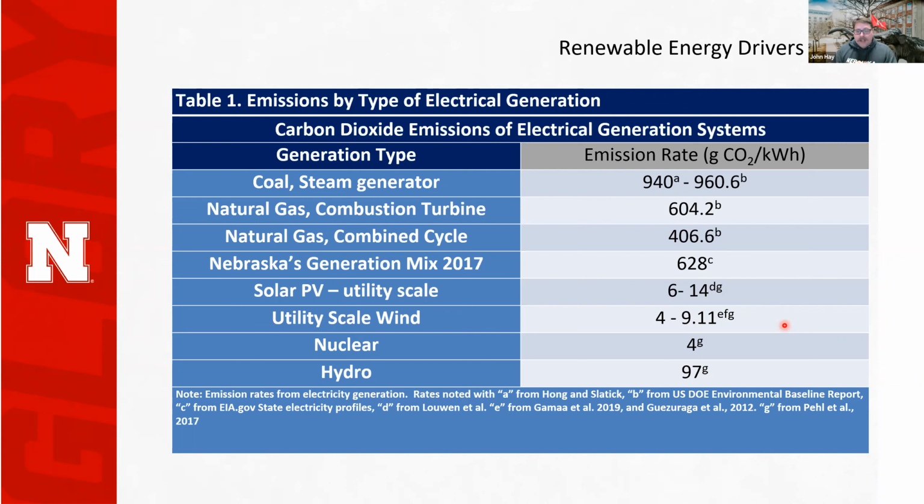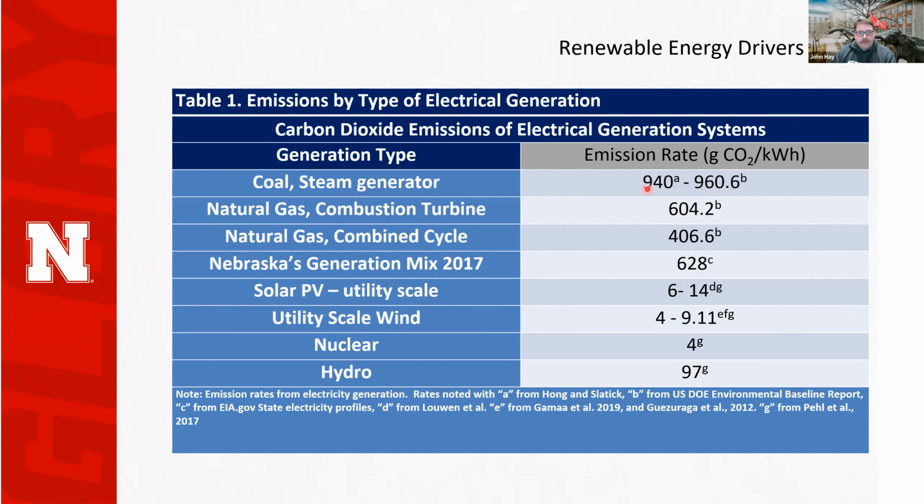These numbers are life cycle numbers, from the mining of resources and the building of the solar panels and the wind turbines all the way through to their end. And if I take all of the emissions from that life cycle and I divide it by how many kilowatt hours it generated in its life cycle, I can have utility scale wind at 4 to 9. Remember, coal is close to 1,000, 940 to 960.